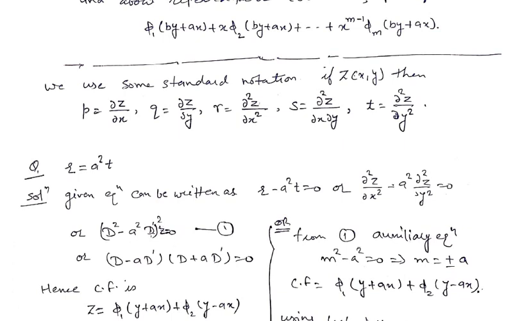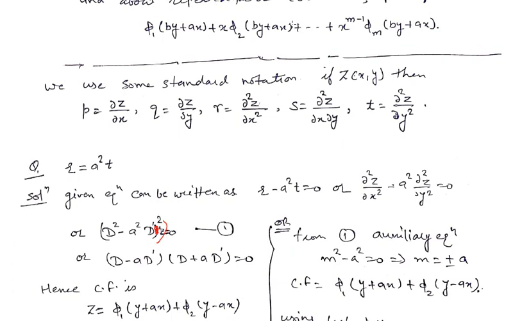This is the square of D′, not the whole square. Now we factorize it, we get (D − aD′)(D + aD′) = 0.